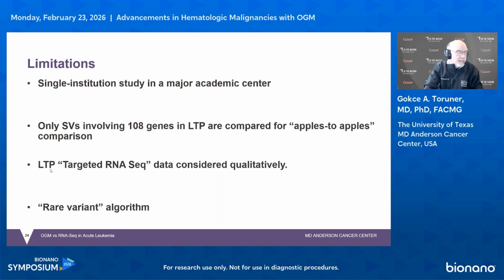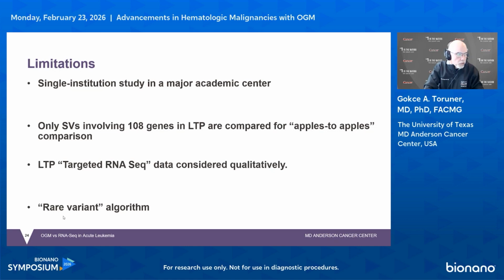Also, another note is that the LTP targeted RNA-seq data is only considered qualitatively, which means that we only look at the presence or absence of fusion transcripts. We will not look at the expression levels. At least that's not the current intent of the assay. But there may be something more there.